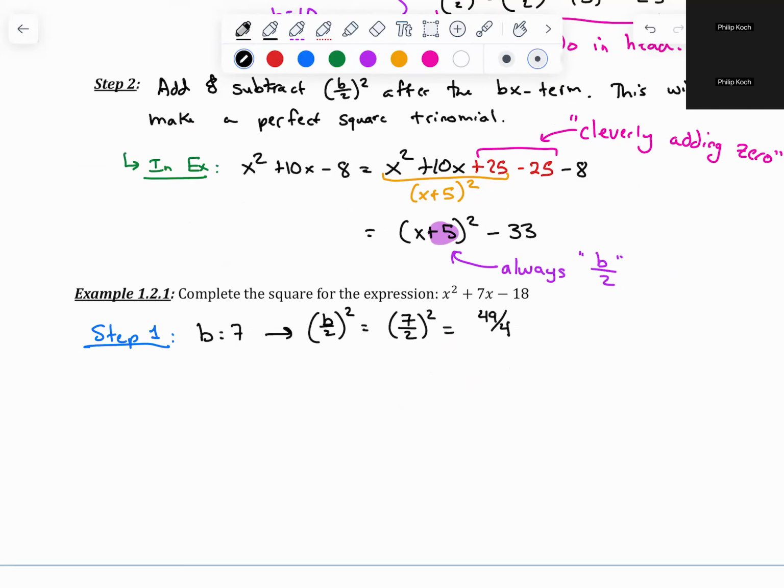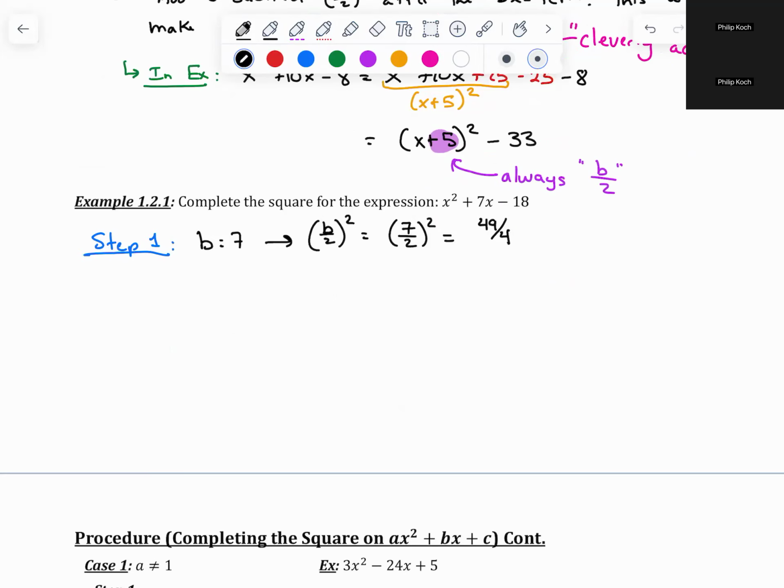I know it's weird, by the way, and if we have time, I can explain why this process works and what we're trying to do. So that's our b term. B is 7. B over 2 is 7 halves. That's going to be useful later on. And then the number that we're going to add and subtract is 49/4, right after the bx term.